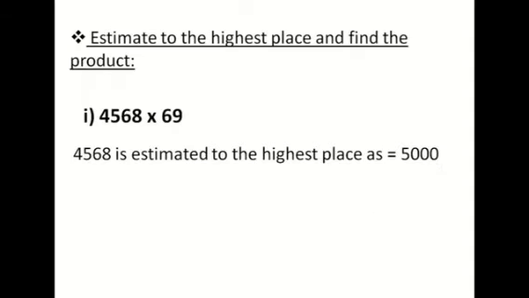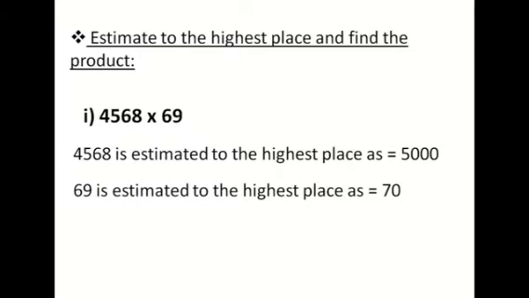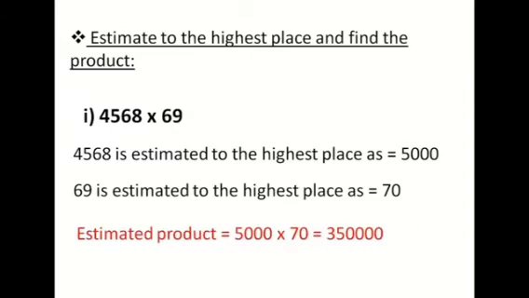And for 69, tens place is 6, so you have to check the before, means units place, it is 9, so 1 will be added up with 6, so it will become 7, and 9 will be replaced by 0. So 69 is estimated to the highest place as 70. So finally you have to find out the estimated product. So it is 5000 into 70. So 5 sevens are 35 along with 1, 2, 3, 4 zeros. Yes.